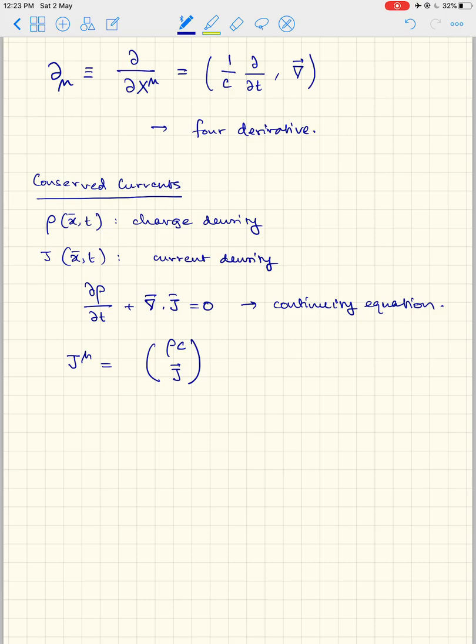So if you start off with a situation, for example, where there is only a static charge density, which is rho naught, and you do not have any j vector.